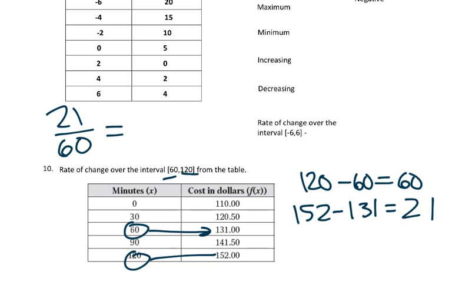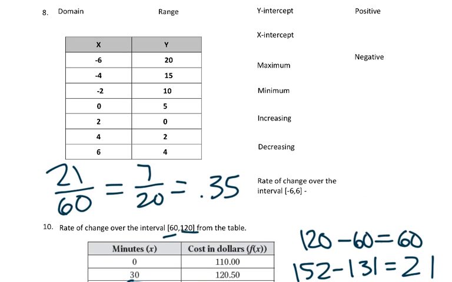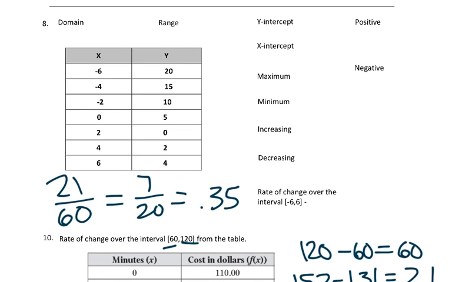So I get 21 over 60, which I could leave that way. If we wanted to, we could divide it by 3 and get 7 over 20, or I could even make the decimal 0.35. Either one of those would work, and depending on what we're trying to get out of this, that would determine what we would want to happen. So, number 8, interval of negative 6 to 6. 6 minus negative 6 becomes positive 12, not 0, because it's minus a negative.